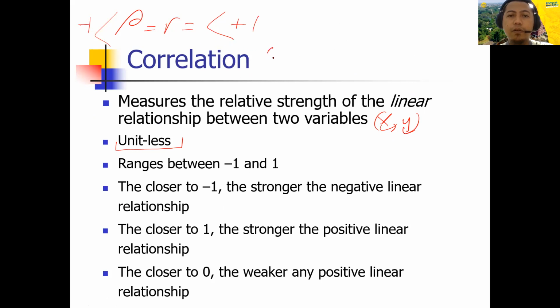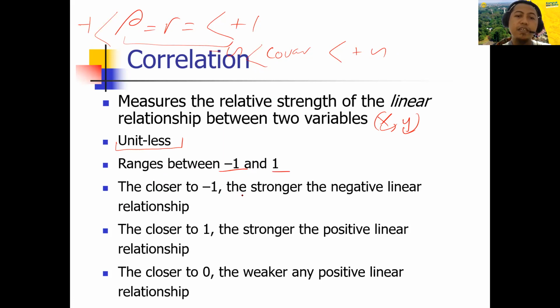And if you remember covariance, we have a similar meaning, but the range is from negative infinity to positive infinity. This means that the range is very large compared to the correlation coefficient. Okay, the range is between -1 and 1.